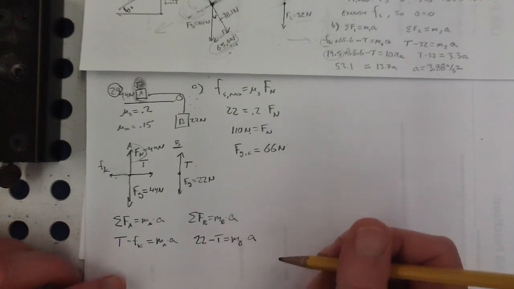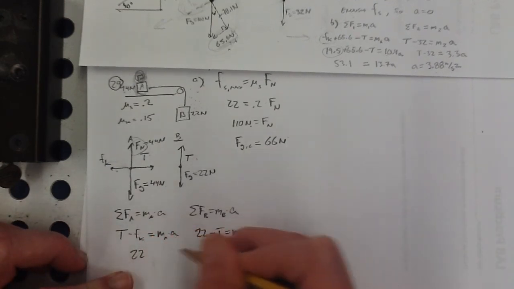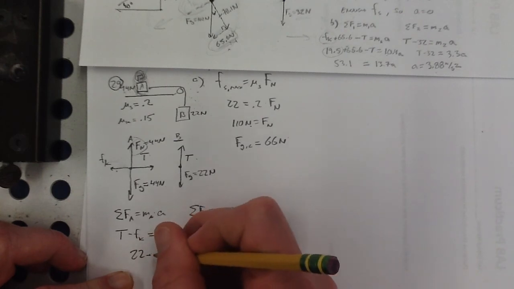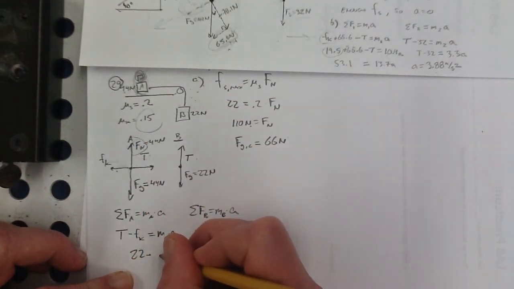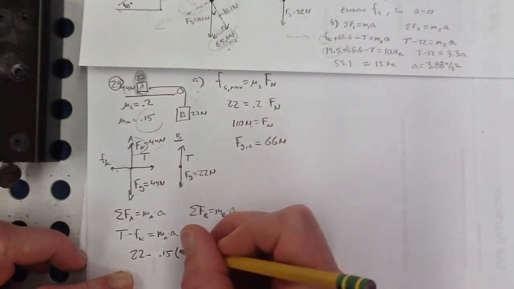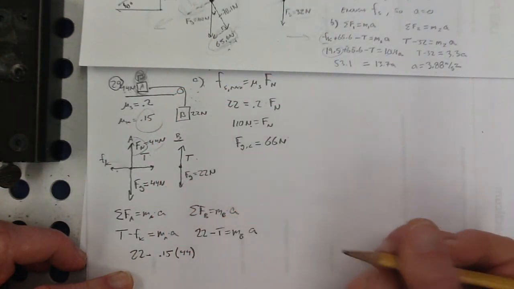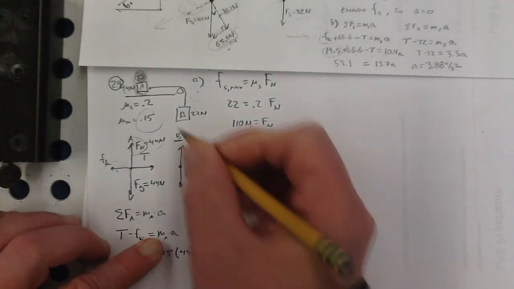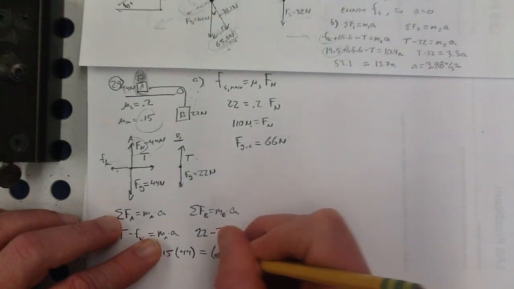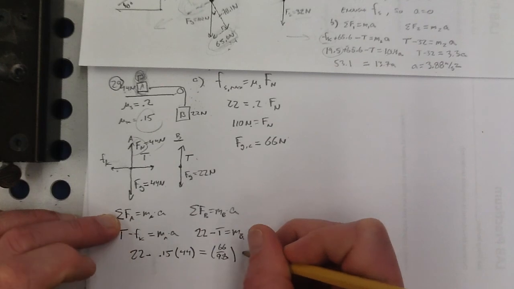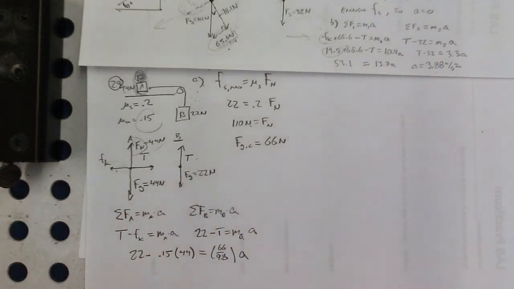Add them together, what do you get? So I get 22, the tensions cancel out, minus the force of kinetic friction, which is 0.15 times the normal force. That's going to be equal to the total mass, that's 66 over 9.8, times the acceleration. So let's do some math.